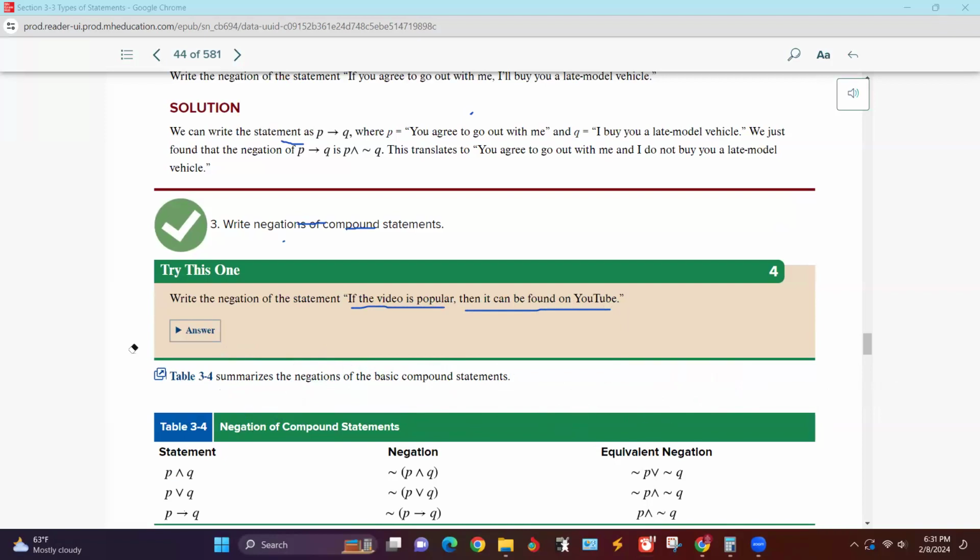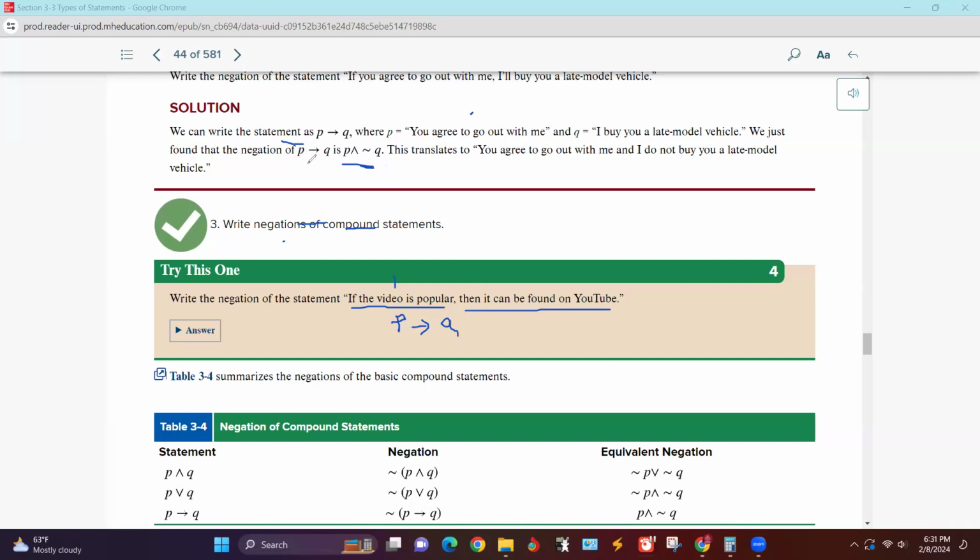So this would be basically just if P, then Q. Now using this, that's our negation.